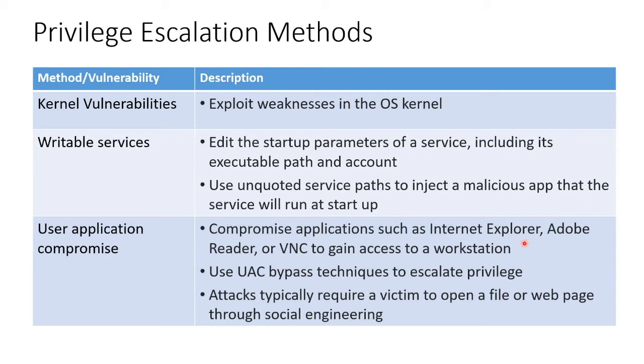And it should be validated first, and it's not. This kind of user application compromise, we typically have to have a level of social engineering, like we need the victim to click a link or open a file.